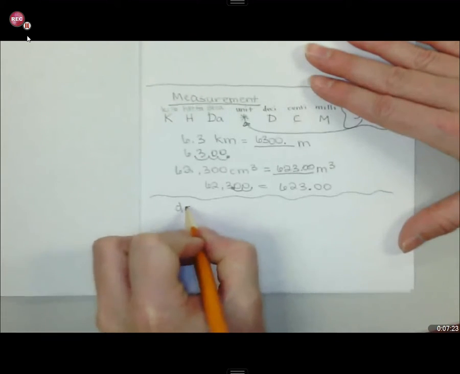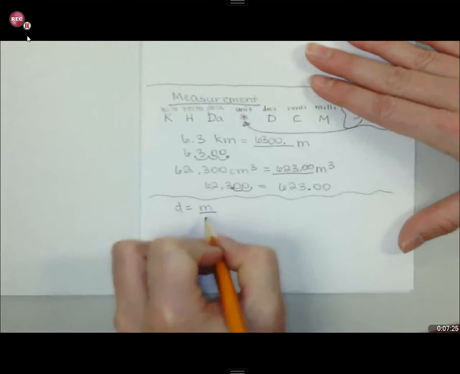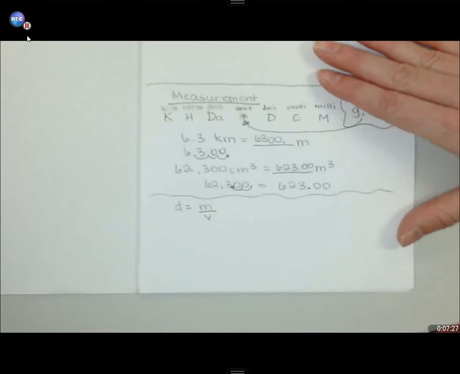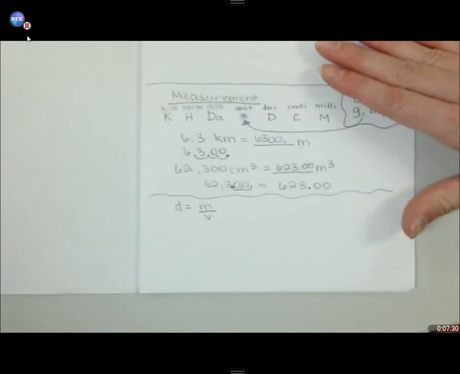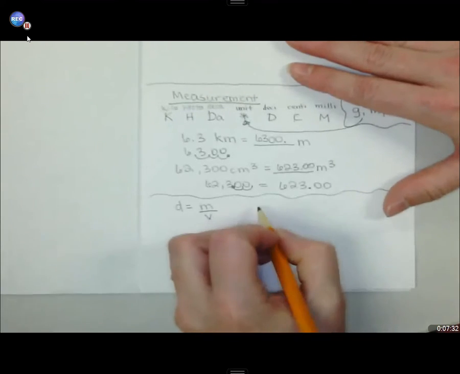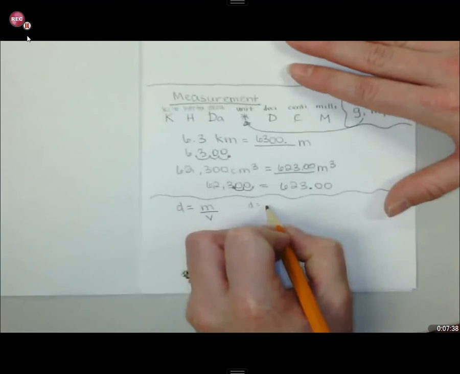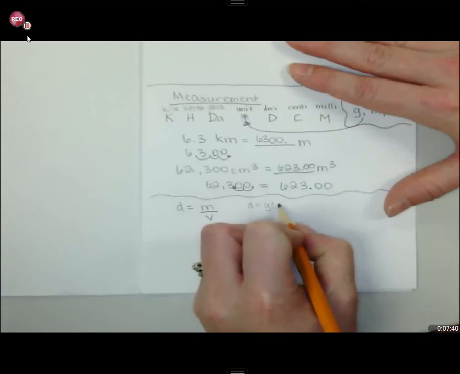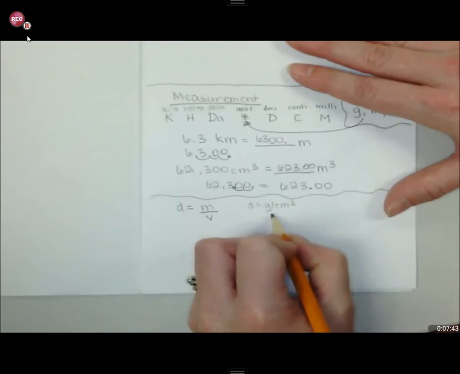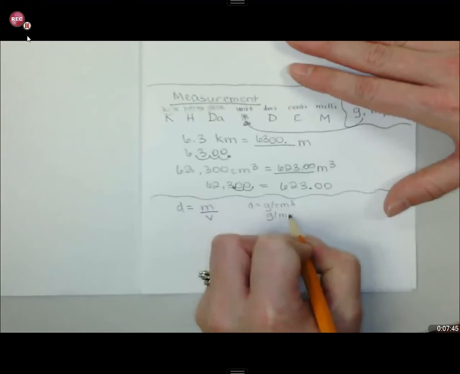density, which is mass divided by volume. So density is going to be grams per centimeter cubed, or grams per milliliter.